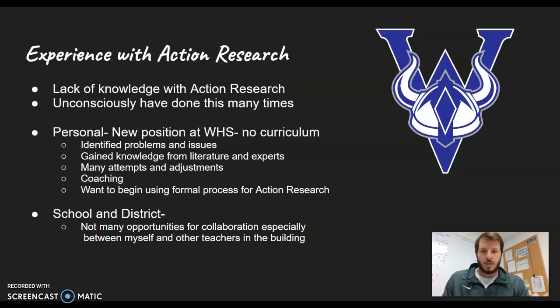It really helped me with relating this to coaching. Action research is pretty much coaching 101, trying things out until you figure out what is most effective and what works best for your athletes or students. I want to begin being more formal with this process in my classroom instead of informally doing it.